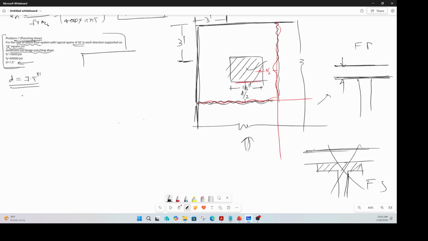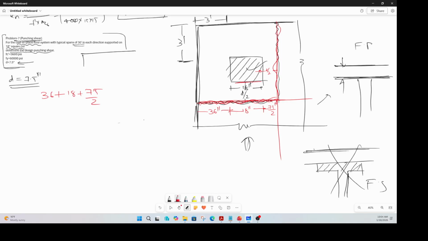Okay, so what is this critical distance? Let's calculate this, and then we calculate that and add them up. From here to here, you have your 36 inches, 3 feet, then your 18 inches width of the column, then your d by 2, which is 7.5 inches by 2. So that distance is 36 inches on this side, 18 inches on the other side, plus 7.5 inches on this side.